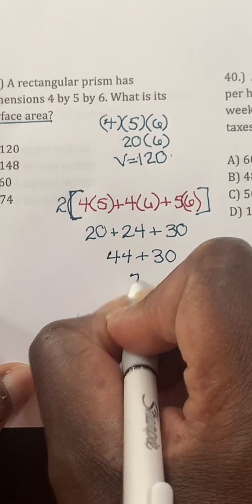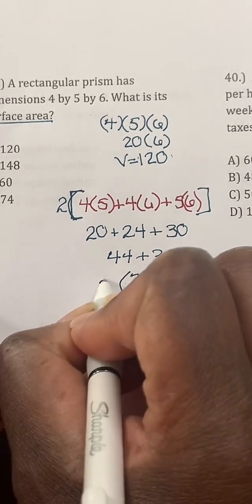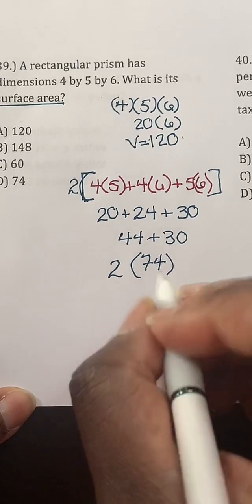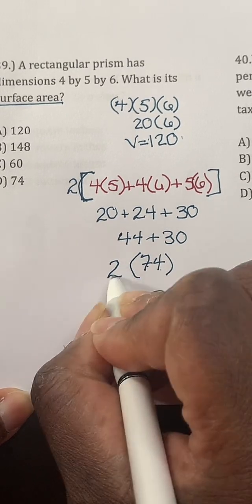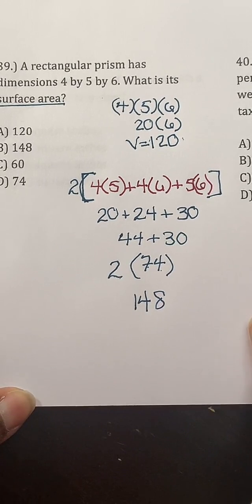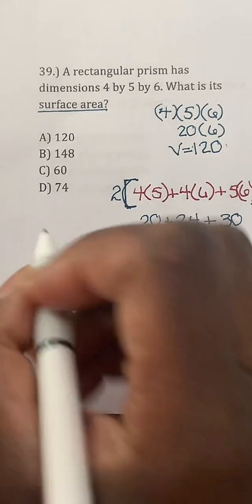We got our 74. And the reason why we're doing it by 2, because since we got a rectangular prism, so that means 4 times 2, that gives me 8, and 7 times 2 gives me 14. So we're basically taking the areas of each of the sections, and let me show you.